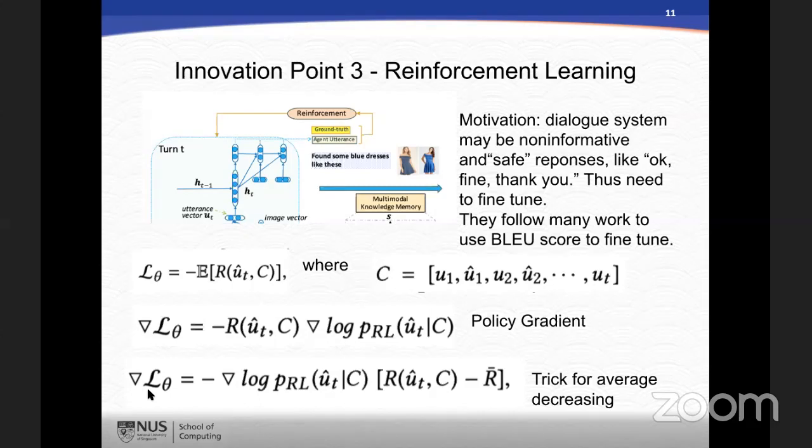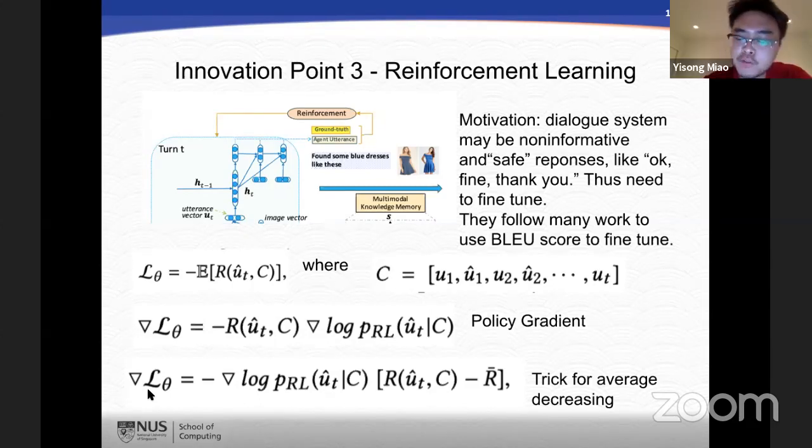Another point, sorry. Yeah, I can hear you. A very simple but efficient method to address this kind of problem is just to reduce the beam size. It is really efficient to reduce this kind of safe response error. When your beam size is large, in decoding it is easier for the models to give high scores to safe responses because they are typically short and their frequency is high.